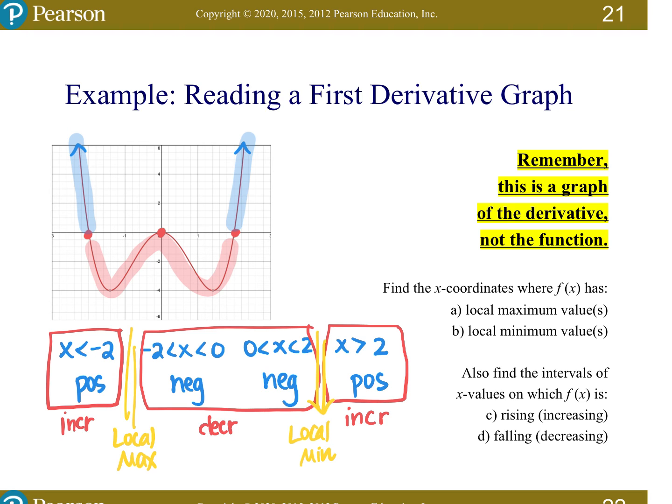Okay, so let's answer the 4 questions on the side. All right, so Noah, question 1 says, maybe over here in the black, find the x coordinates where f has a local maximum. Tell me where f has a local maximum. At -2. Why? Because it traces from a positive to... Okay, don't use the word it. What?